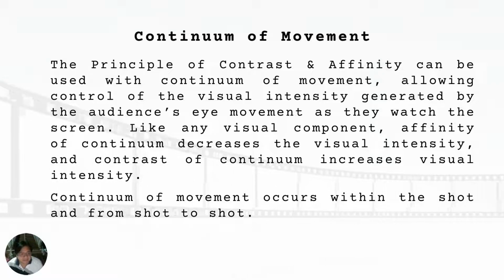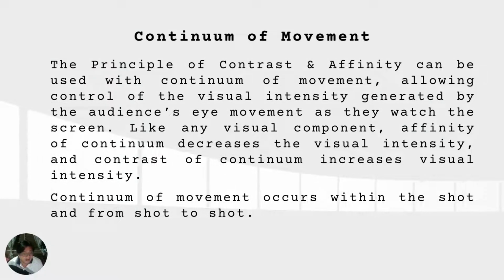Like any visual component, affinity of continuum decreases visual intensity and contrast of continuum increases visual intensity. So it depends on how you control. You can also control the continuum of movement using affinity or contrast. Later, I'm going to show you how.